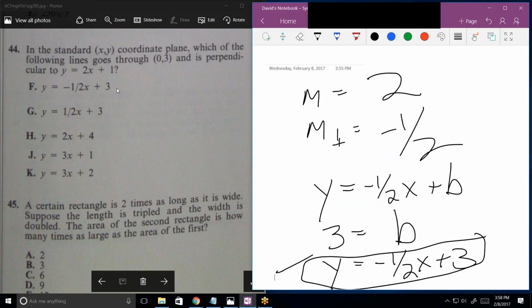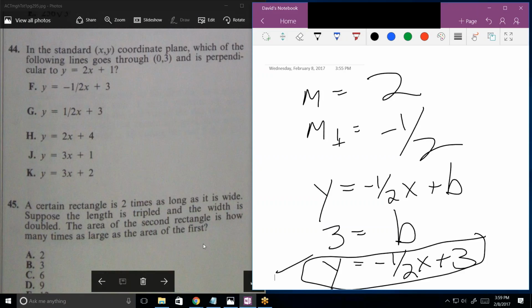You don't have to do the rest of the problem, and the rest of the problem could take like a minute if you didn't realize that. So this is a great question that should be answerable in 10 seconds, but some students might take a minute and a half to answer it.